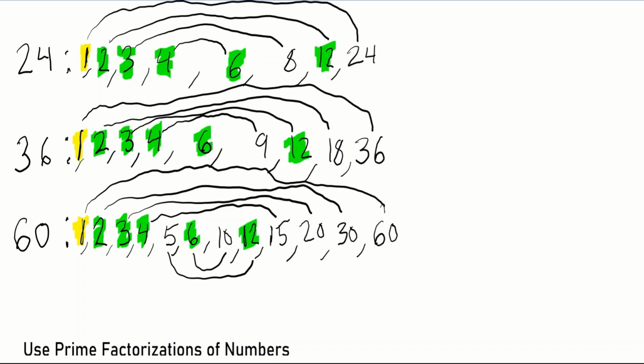So this means that our common factors are 1, 2, 3, 4, 6, and 12.